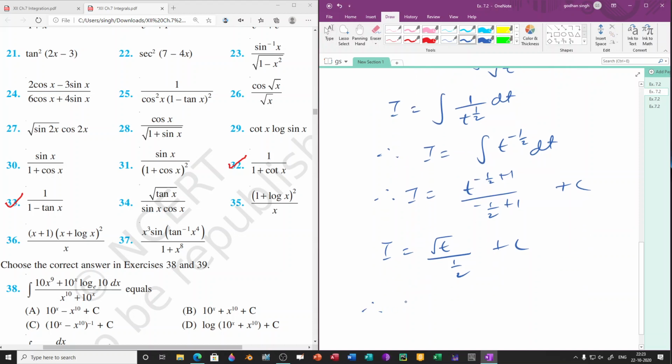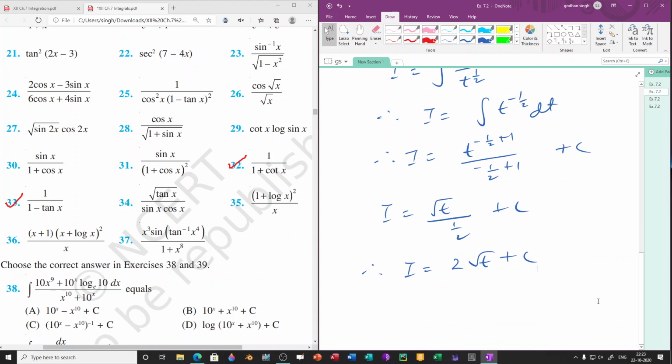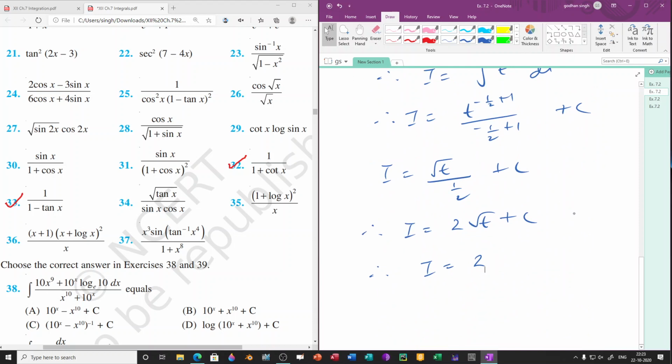So I equal to 2 root t plus c, but our original function was in terms of x, so we replace t with its value, that is tan x. What is our t? t is tan x, so I equal to 2 square root of tan x plus c. So this is the solution of question number 34.